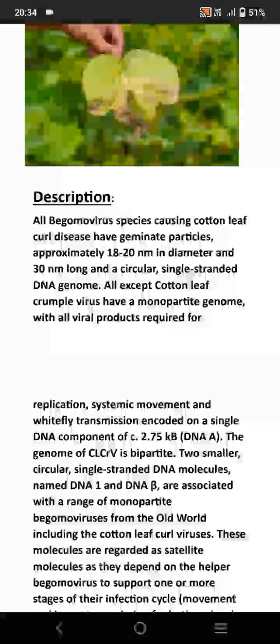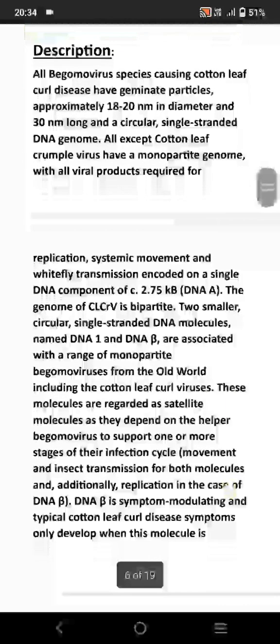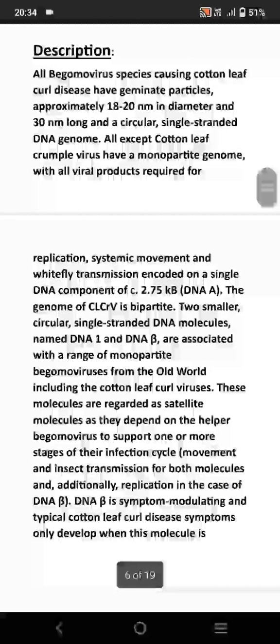These molecules are regarded as satellite molecules as they depend on the helper begomovirus to support one or more stages of their infection cycle, movement and insect transmission for both molecules, and additionally replication in the case of DNA beta.